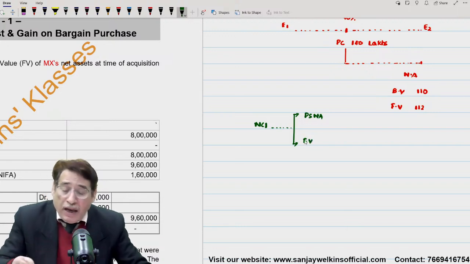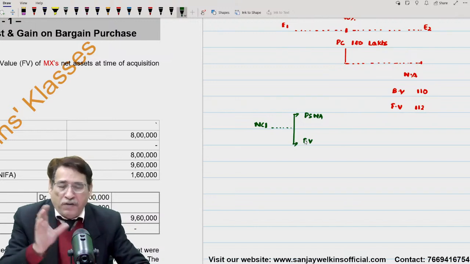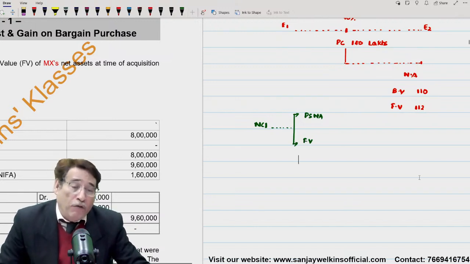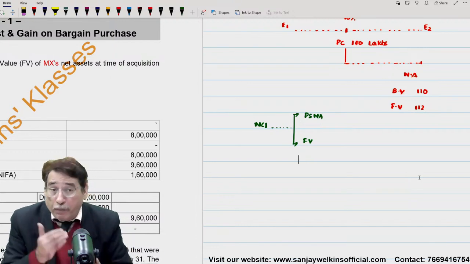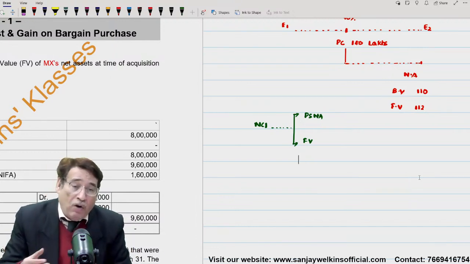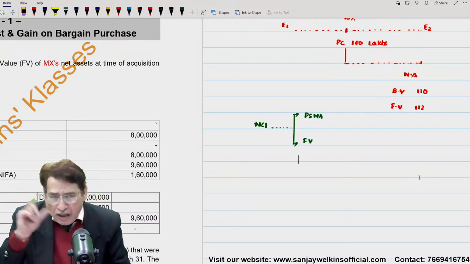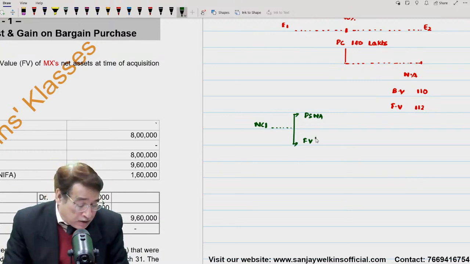The entity has this option. This option is given to the acquirer entity, whether they want to compute the value of the NCI through proportionate share of net assets basis or fair value. Generally, in practical life, the priority is given to fair value.